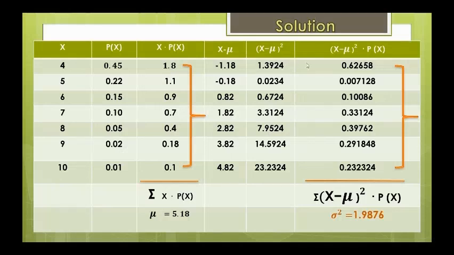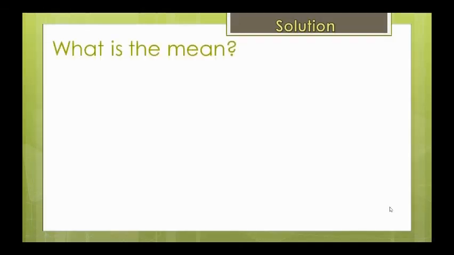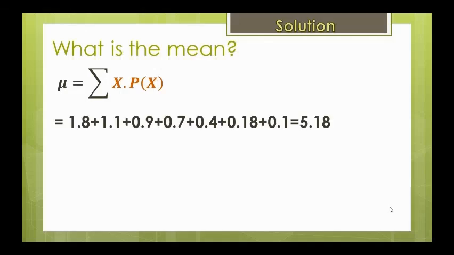Okay, so yung last column natin, the summation of the values from the last column is the value of our variance. Pag i-add natin lahat yan, ito na po yung value ng variance natin, which is 1.9876. So what is the mean? The mean is the summation of x times P of x.